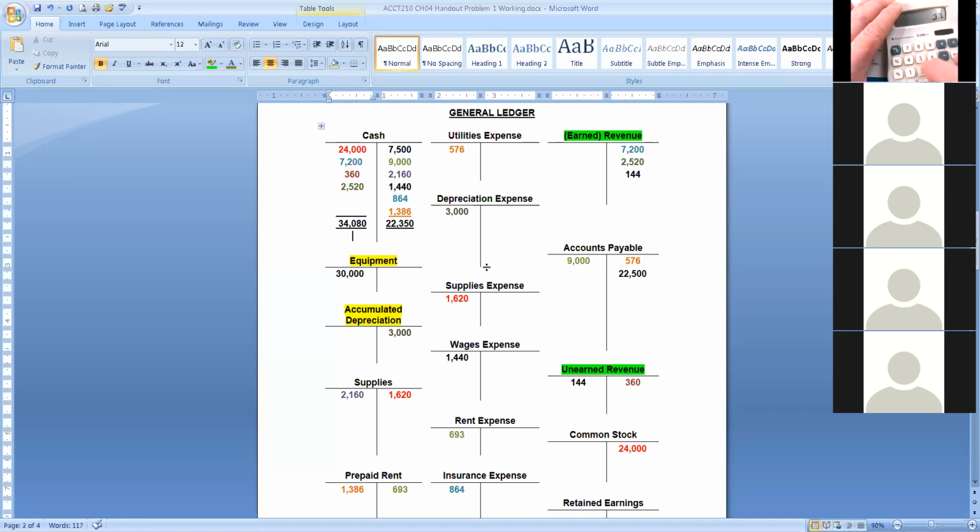So 34,800 minus 22,350, 12,450. Is the ending balance in that account.